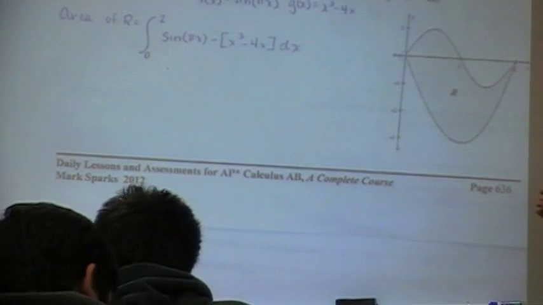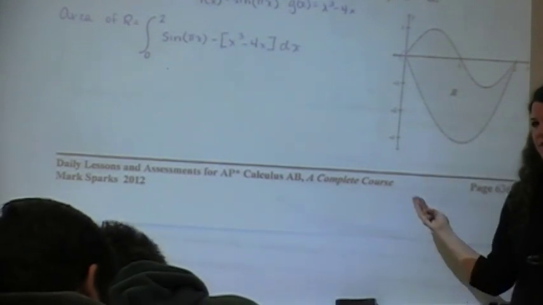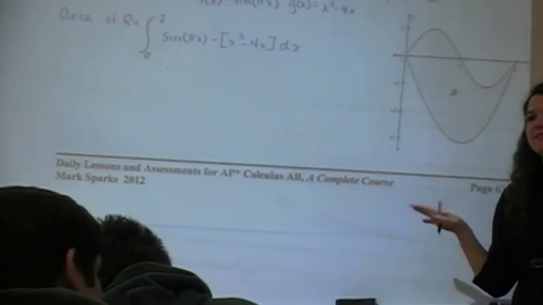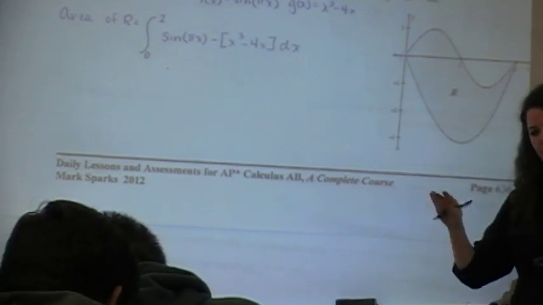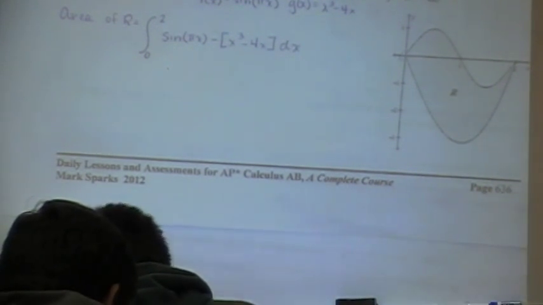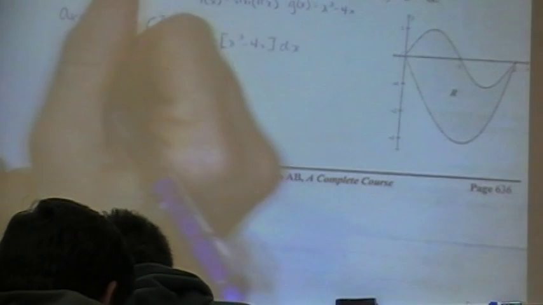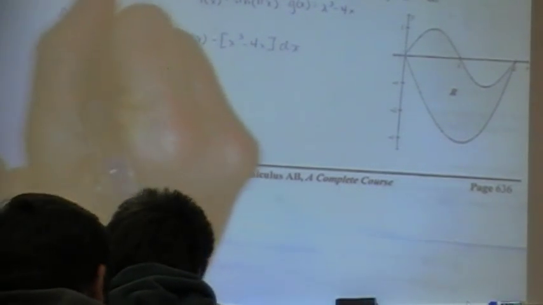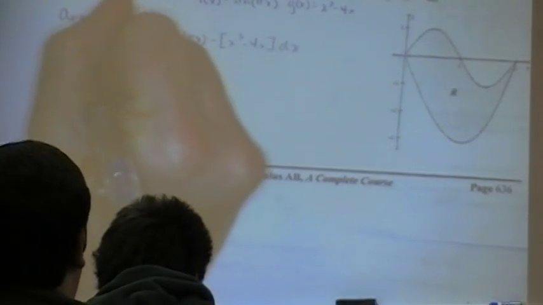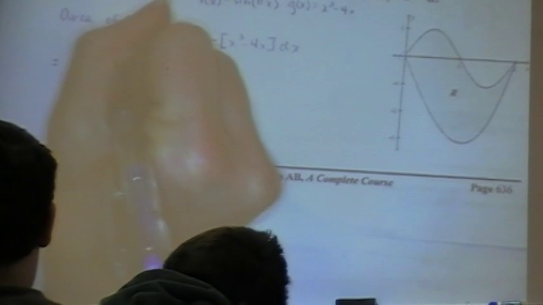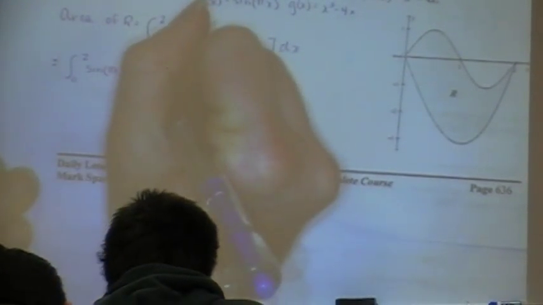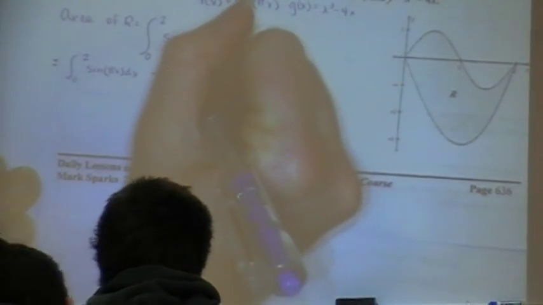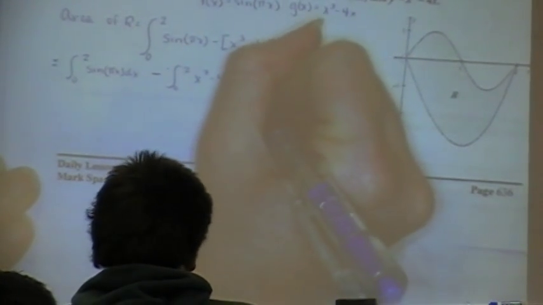But in this case, one of them's a sine wave and one of them's a polynomial. So it's going to make more sense to take the two antiderivatives separately. So that's what I'm going to do first, is write them as two separate antiderivatives: 0 to 2 of sine pi x dx minus 0 to 2 of x cubed minus 4x dx.